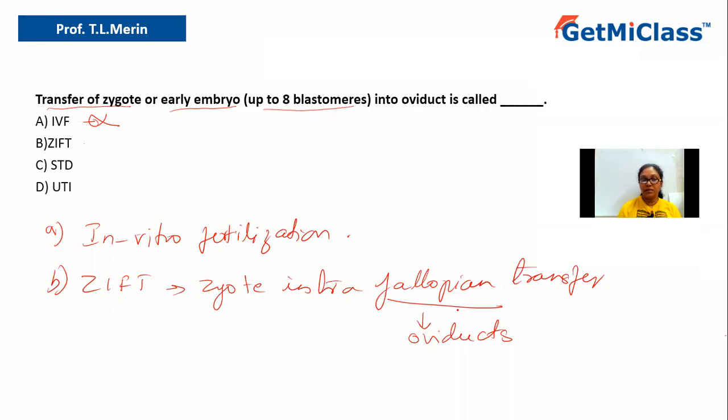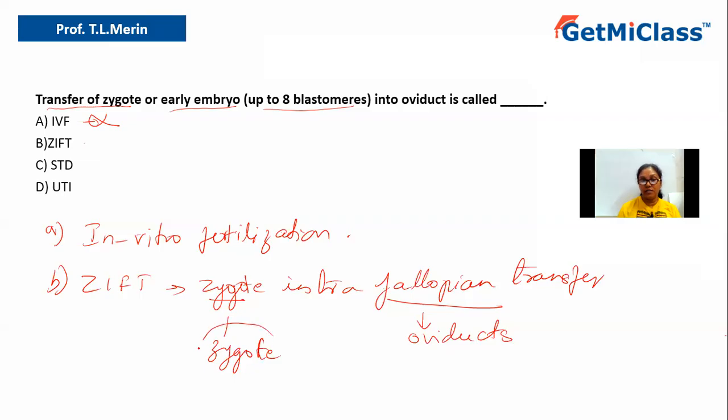But if the fertilization is having some problem, they perform the fertilization externally, and then they transfer the zygote just after fertilization. It forms a zygote, a diploid cell, after fusion of the male and female gamete, that is the ovum and the sperm.